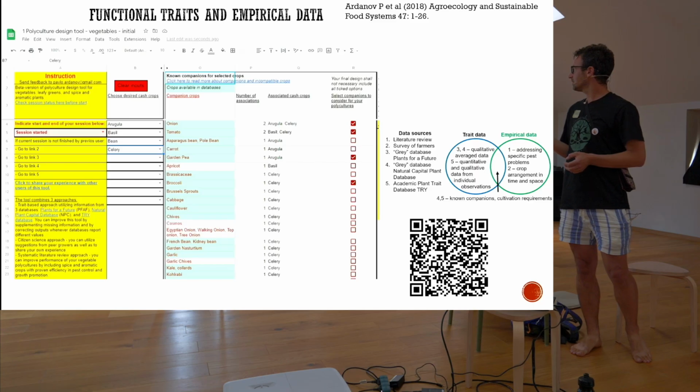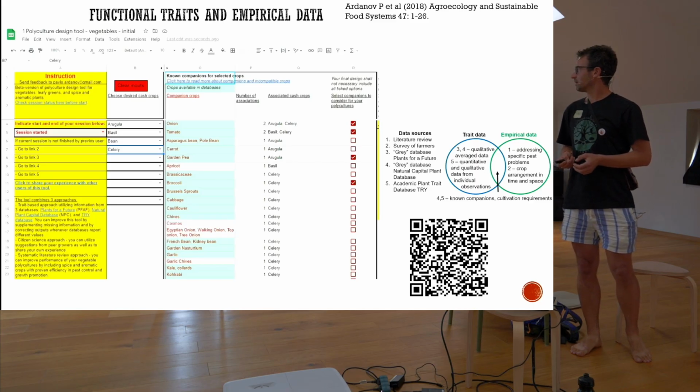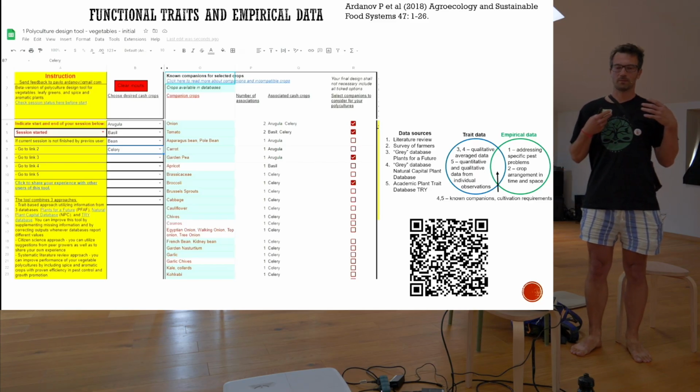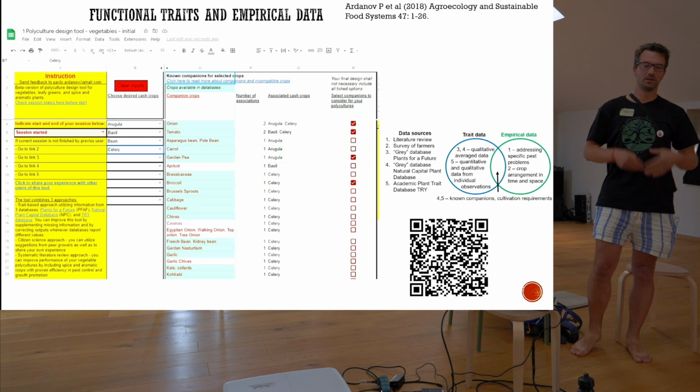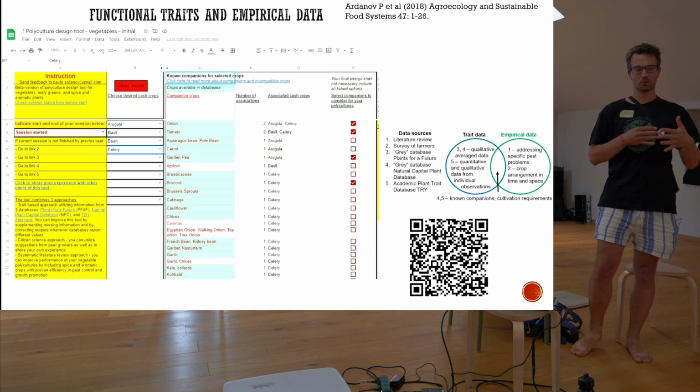And second is empirical data. Empirical means experiential or experiment-based data. So I took this data from analysis of academic publications on possible aromatic plants that can be grown together with vegetables, or spice and aromatic crops that could be used mostly for suppressing weeds and pests.